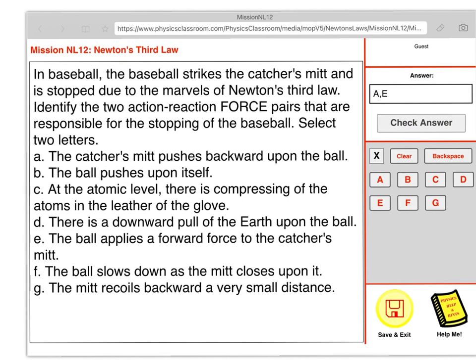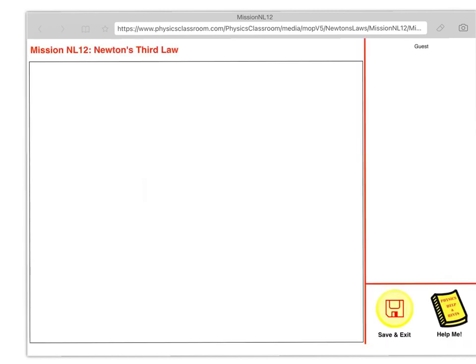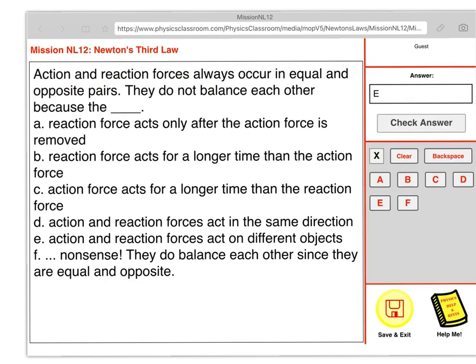The catcher's mitt exerts a force on the ball, pushes backwards on the ball. The ball applies a forward force. The ball pushes on the mitt. Forward force, so A and E. So like the last example, the ball pushes on the catcher's mitt and the catcher's mitt pushes on the ball.